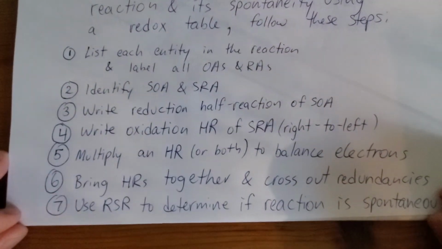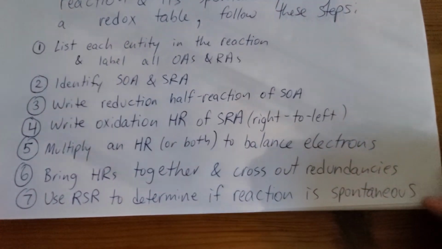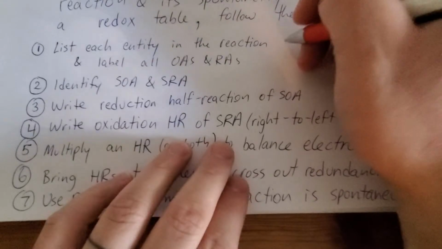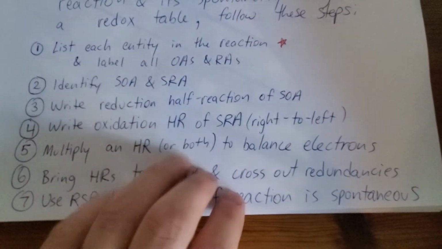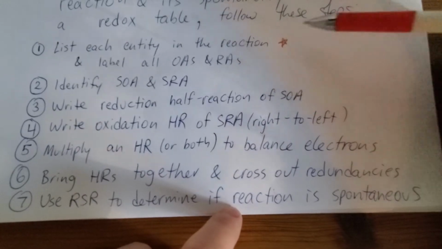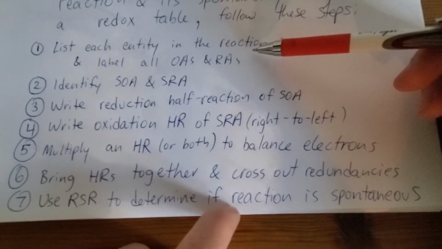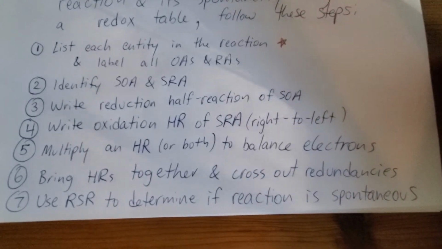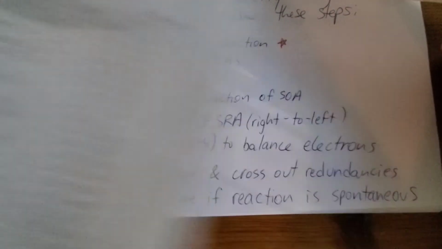First thing you do is list every entity that's available in the reaction. That is often the most challenging part for a lot of students, and I'll give you some tips starting today. You label all of these as OAs or RAs, and you can determine if they're OAs and RAs by looking at your data table.